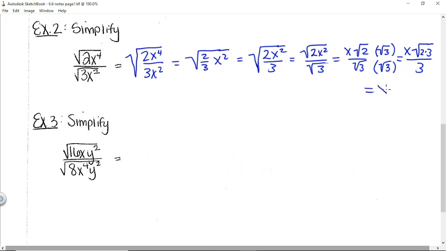Just go ahead and simplify by combining that 2 times 3 inside the radical as 6. And that's it. Okay, so we had it right here as simple as it can get, really, but the denominator's not rationalized.